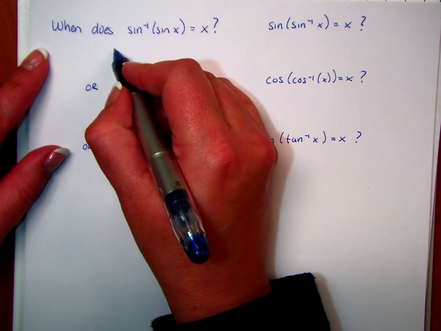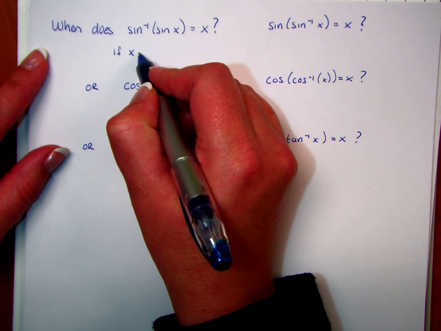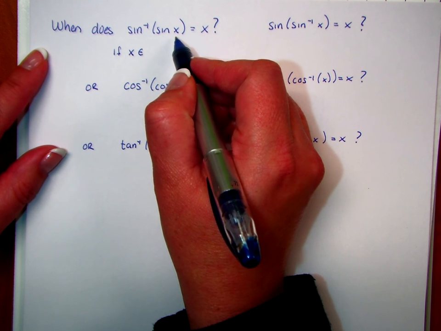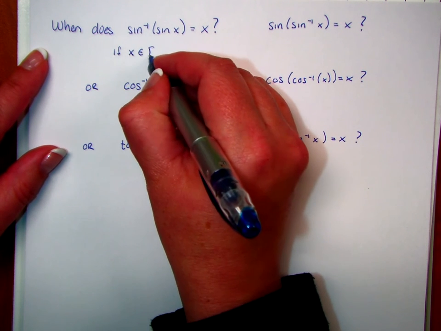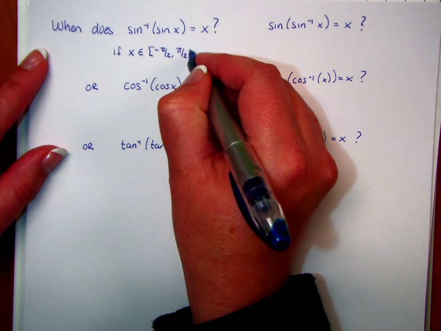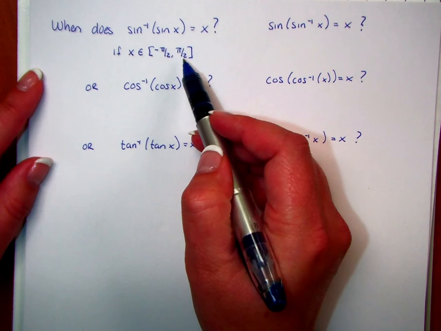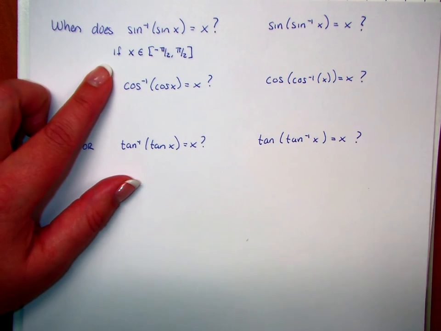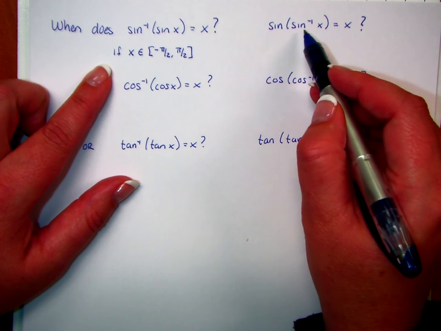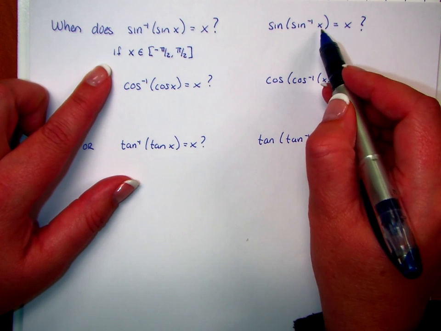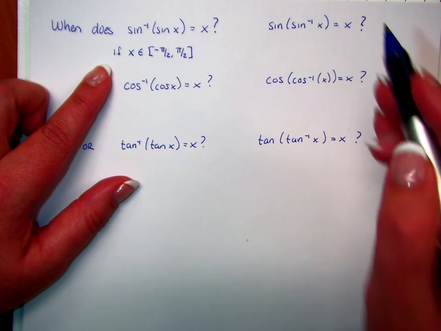Remember what the restricted domain of sine was: from negative pi over 2 to pi over 2. So if x is between negative pi over 2 and pi over 2, an angle in quadrant 4 or quadrant 1, then these will cancel out and we just get x back out. Over here, for sine of sine inverse, the inverse trig function is on the inside, so we ask: is x in the domain of sine inverse?